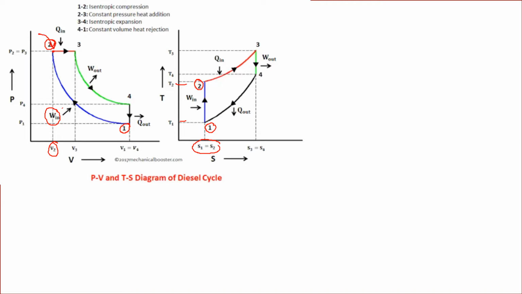The diesel fuel is injected after the air is compressed. In this method also, we are able to eliminate the knock problem, which was discussed in the Otto cycle, that one of the problems in the Otto cycle is knocking.